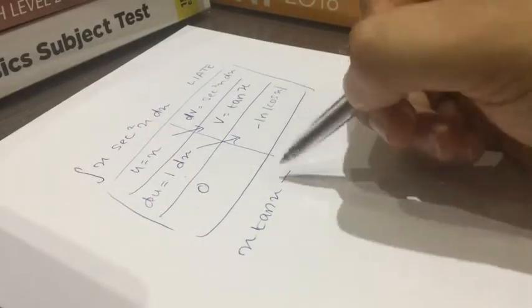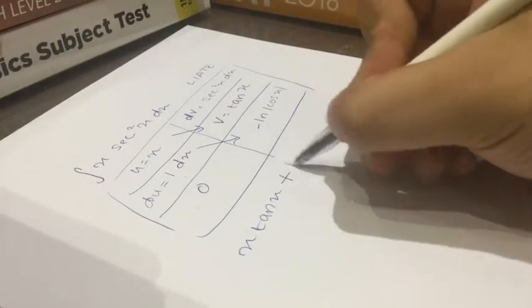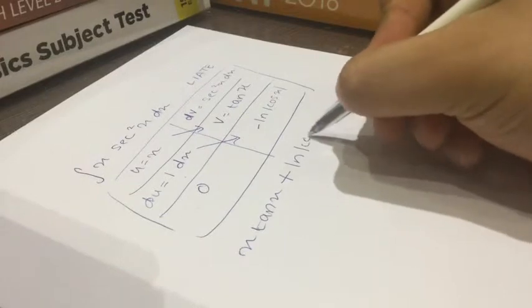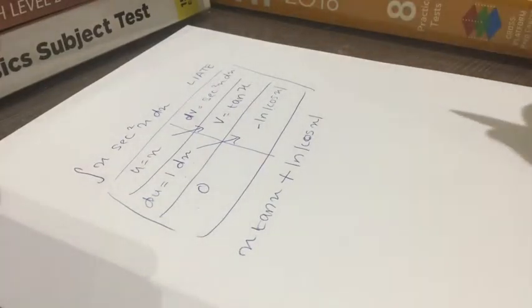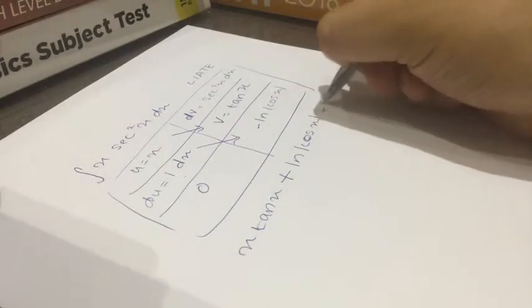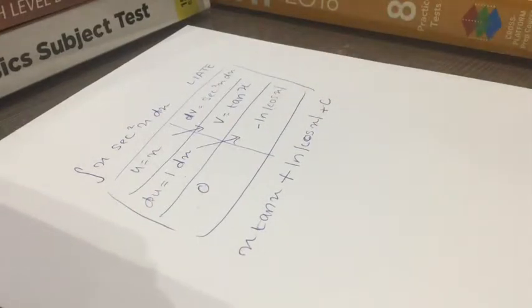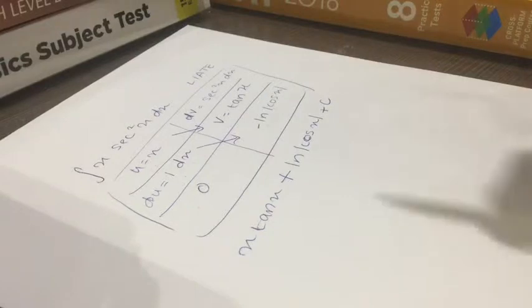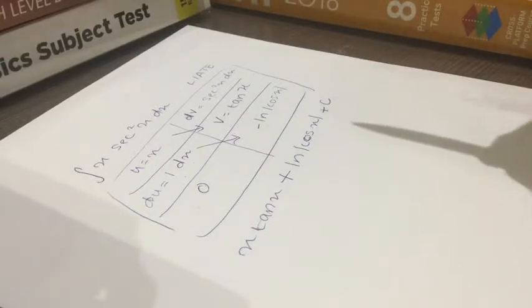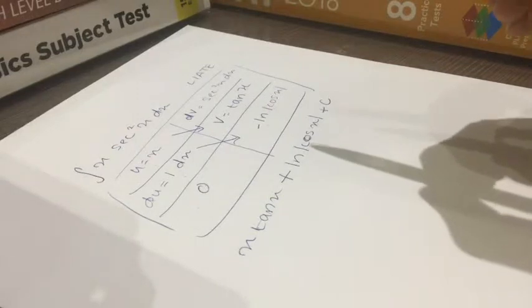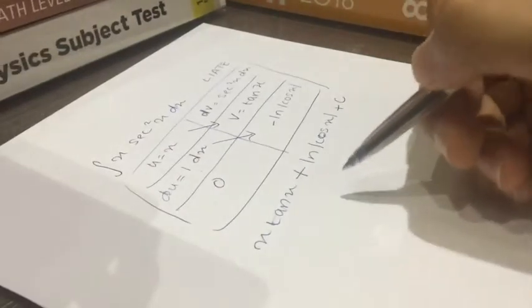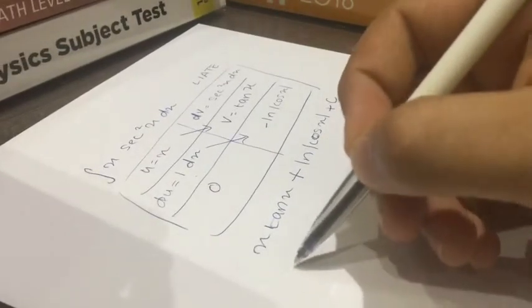So negative and negative will be positive ln cosine x, and don't forget plus c. Now this is a way of the integration by parts which is called the tabular. Let's see another example.